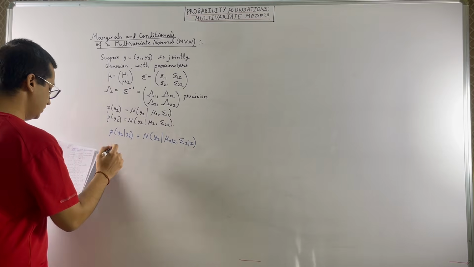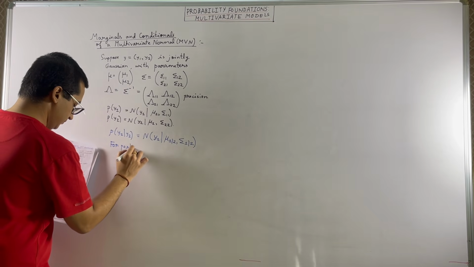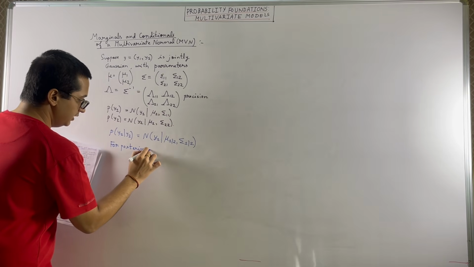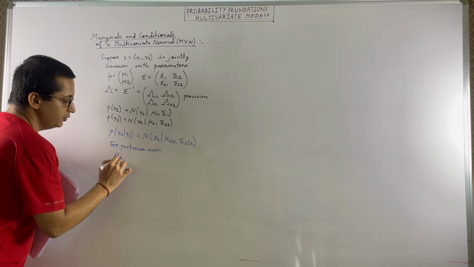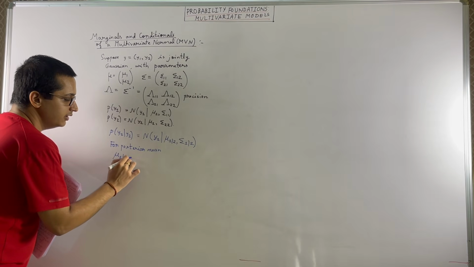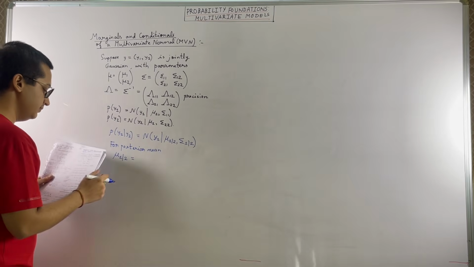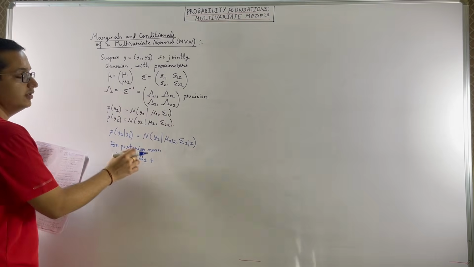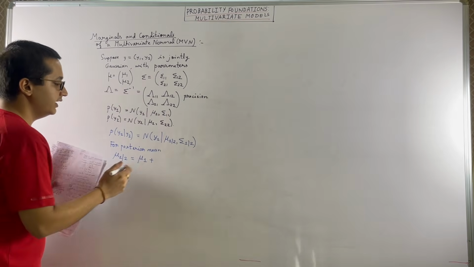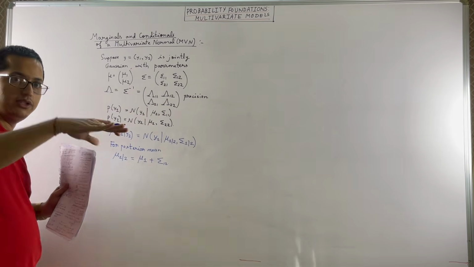The expression for the posterior mean, that is mu1. If I want to update my mu1 given that I have observed y2, mu 1 given 2 is basically mu1, the mean for the y1 marginal case, plus sigma 1 2, the covariance between 1 and 2.